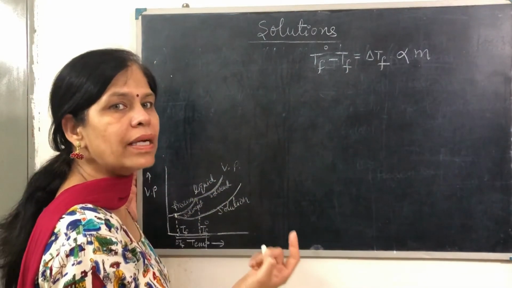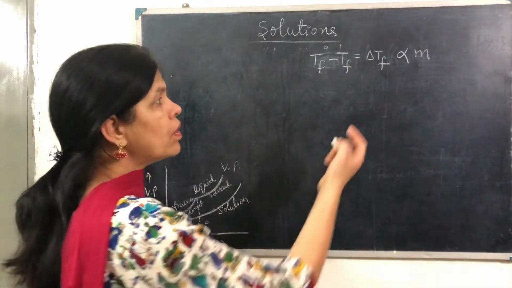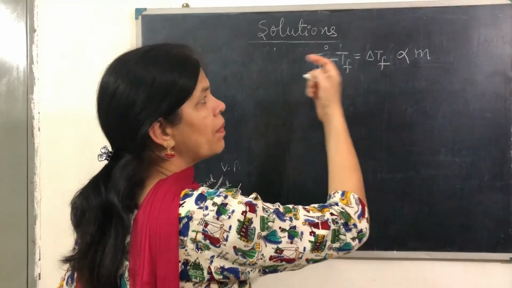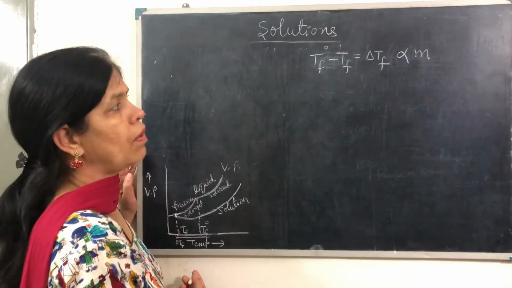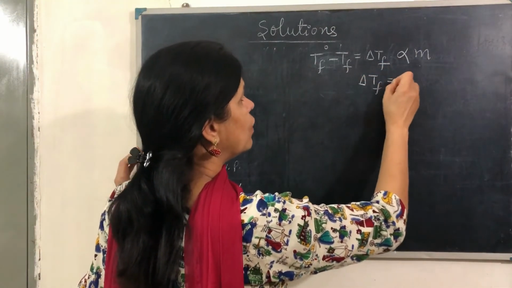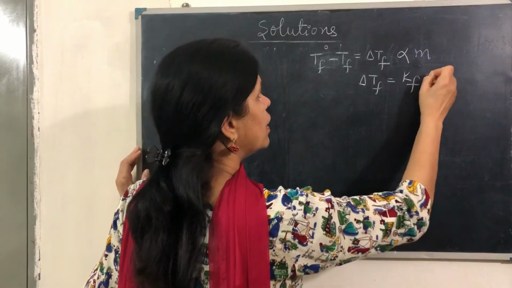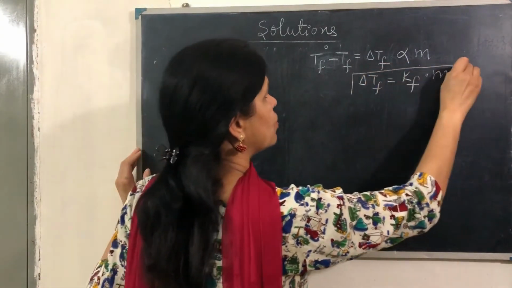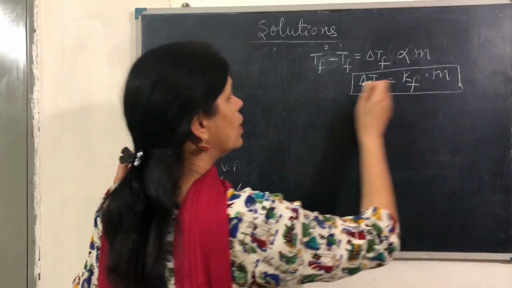Molality is a term to express the concentration. More the molality, more is the depression. Lesser the molality, lesser is the depression of freezing point of solvent. I can write down delta Tf is equal to Kf into molality. This is one of the expressions, and you know all these terms.